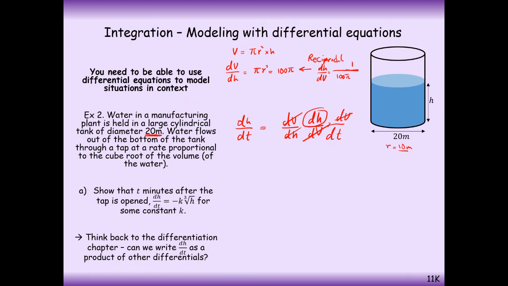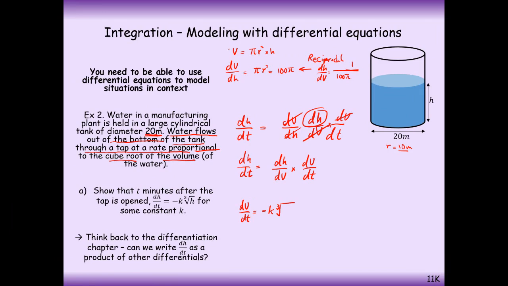So that means that our dH by dt is simply dH by dV multiplied by dV by dt. If we read the question carefully, it does say the water flows out of the bottom of the tank through a tap at a rate proportional to the cube root of volume. That means that dV by dt is a negative constant multiplied by the cube root of V.